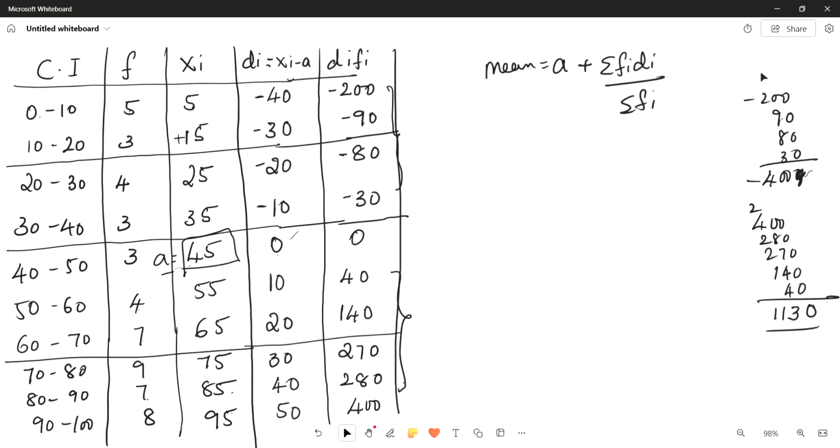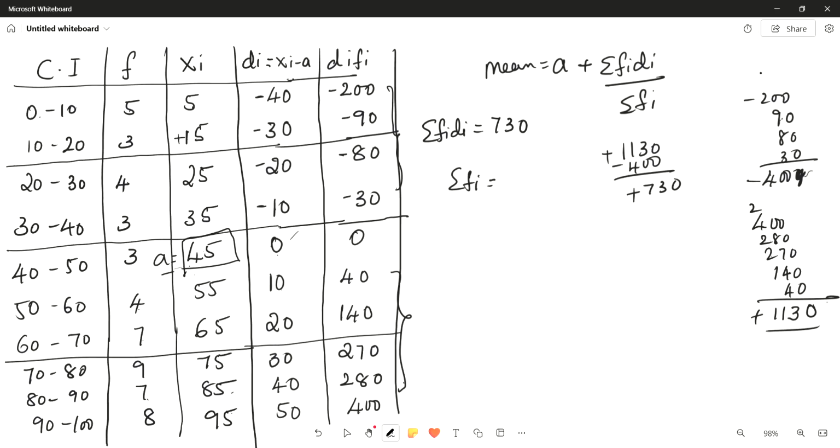So this is the positive number. So then do the subtraction. 1130 minus 400 is 730. Okay. So this is plus and this is minus, so it is plus. So sigma fi into di is 730.